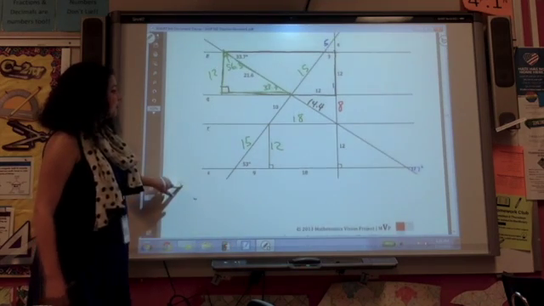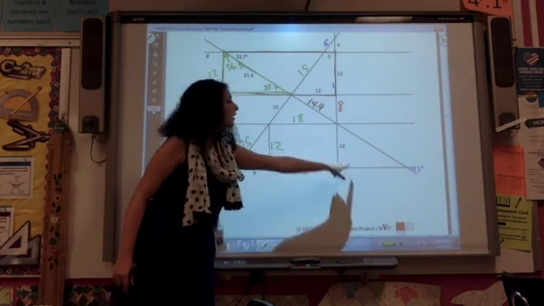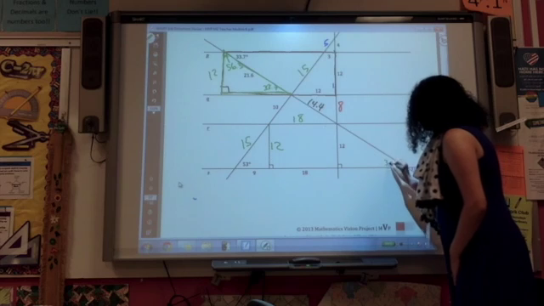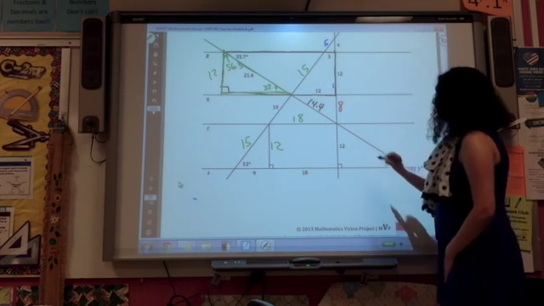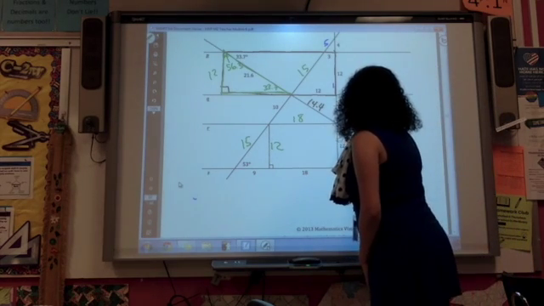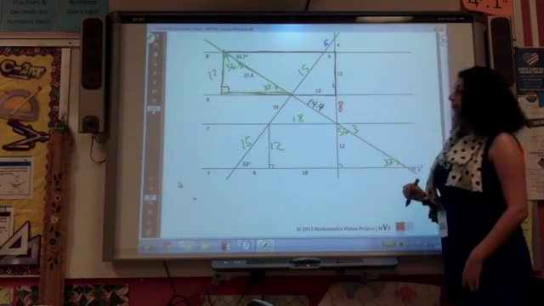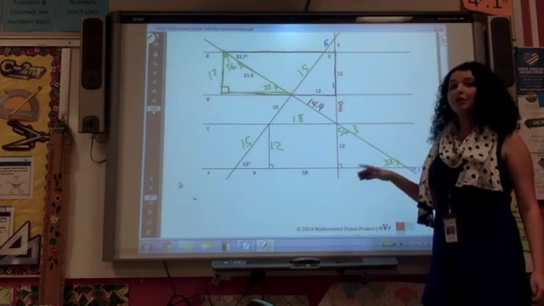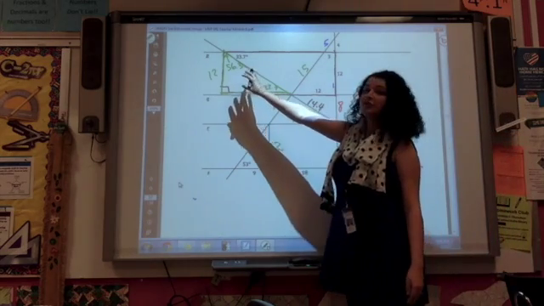Now, if I scroll down, I can also see that over here I had 33.7 and 56.3. So I have three angles that are congruent to each other, so I know that these two triangles are similar.